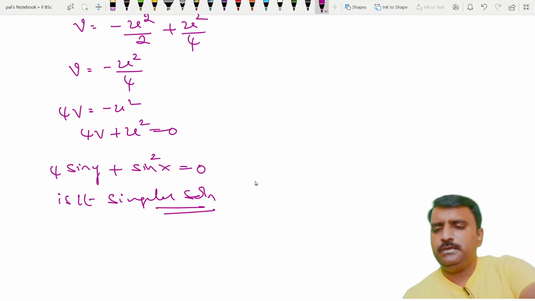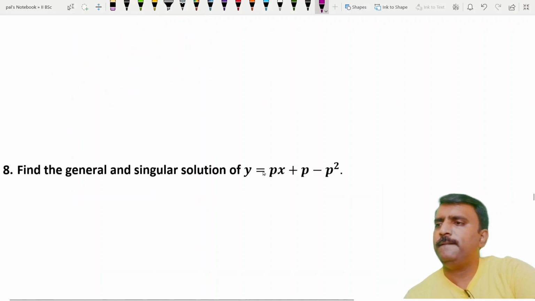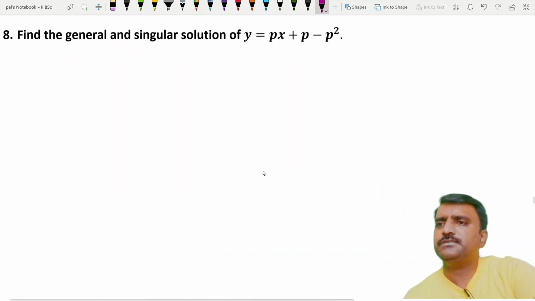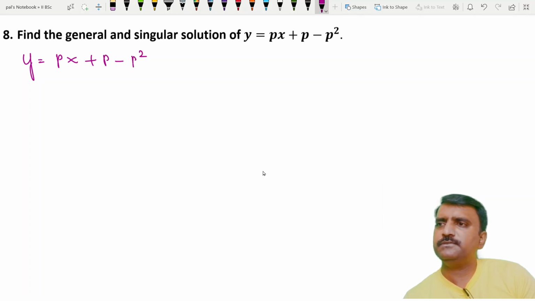Okay, so again, take one more example. Find the general and singular solution of y is equal to px plus p minus p square. Of course, it is a very simple problem. Clearly equation 1 is in Clairaut's form.